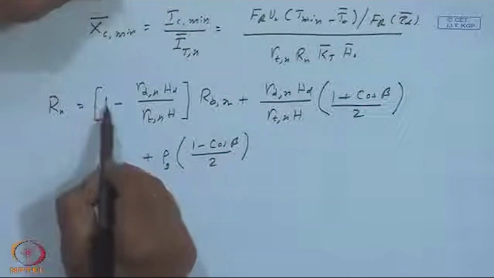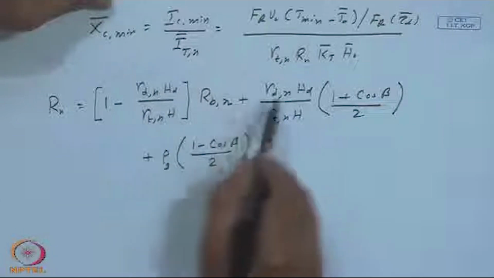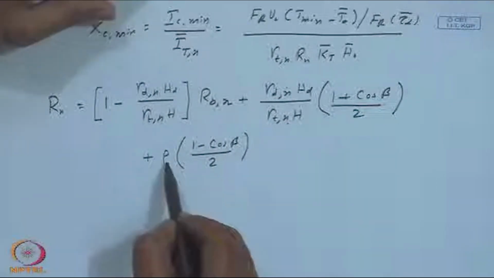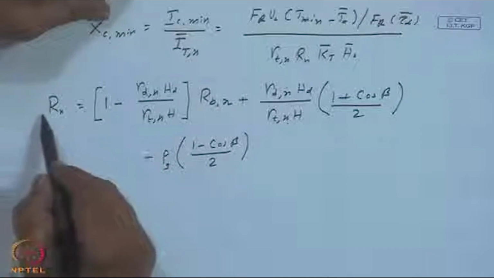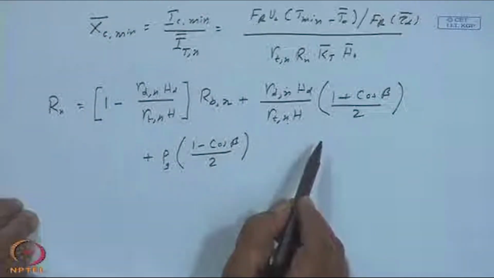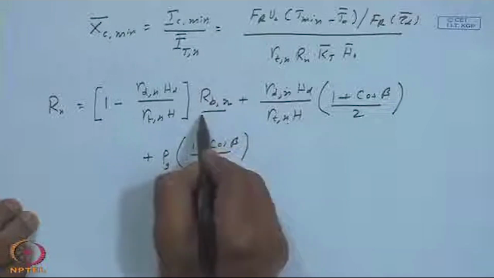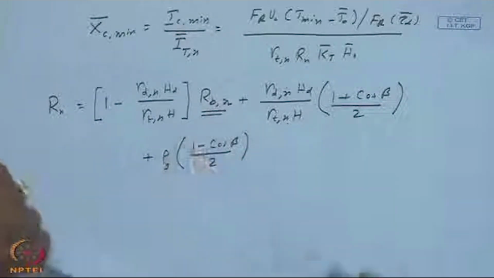So, once again this is nothing but 1 minus ID by I, this ID by I is absorbed in Rn because we equate Rn into In is equal to this much and divided throughout. This is the noontime tilt factor for the direct radiation Rb at noon.